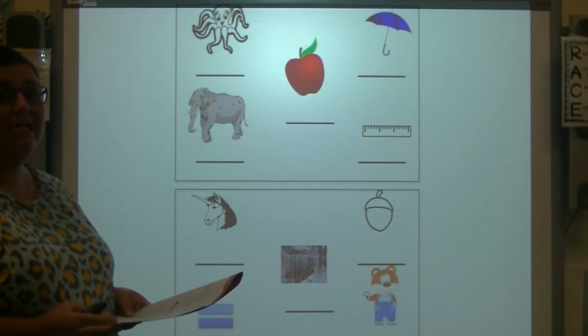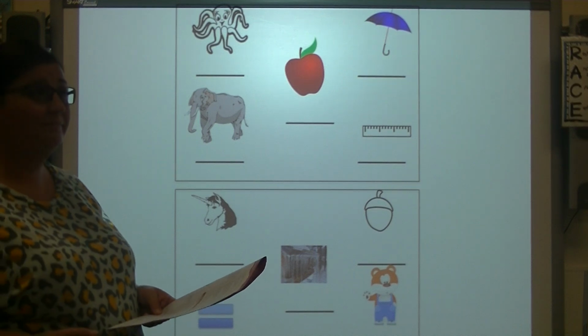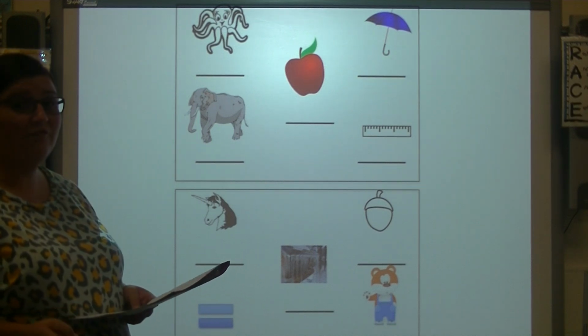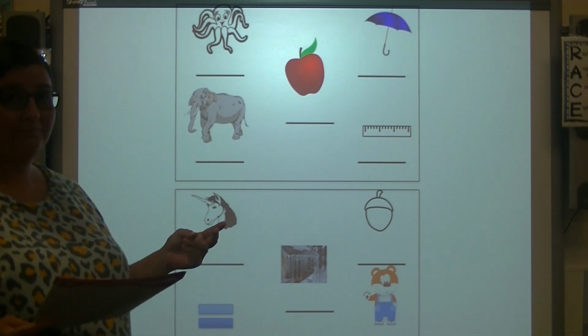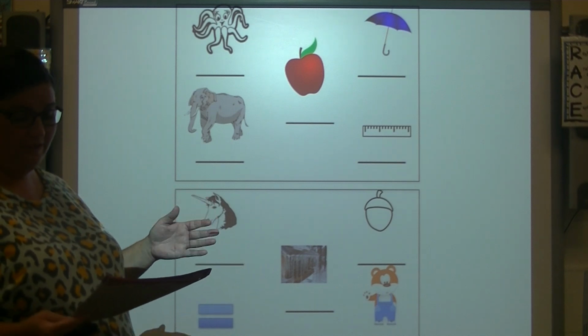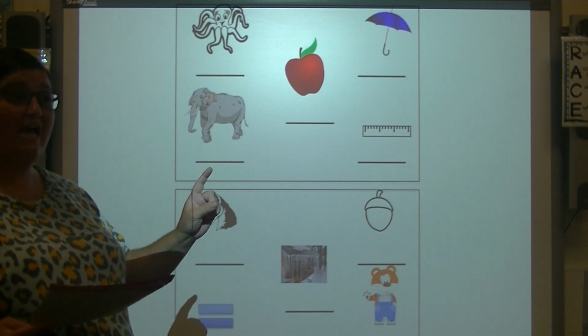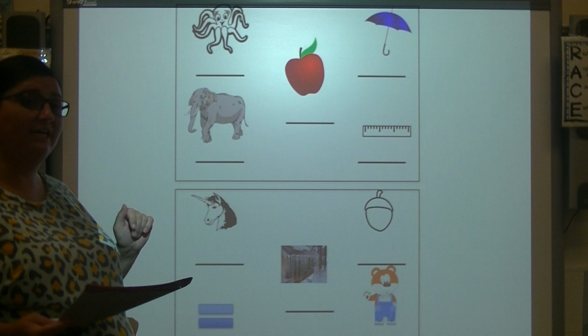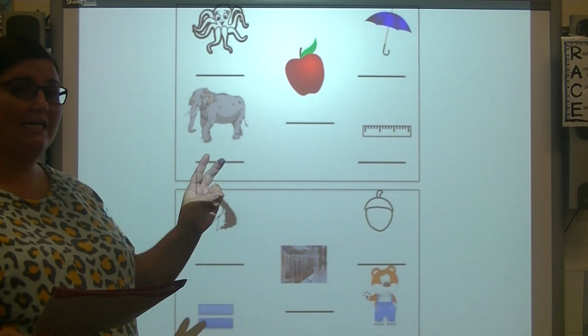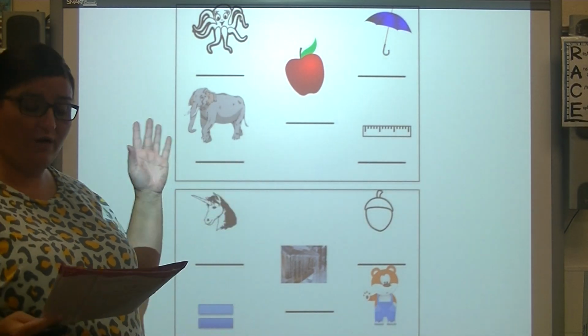All right, think about the vowels. Can you name your vowels? Get ready. All right, the vowels are A, E, I, O, and U. Say them again. A, E, I, O, and U.